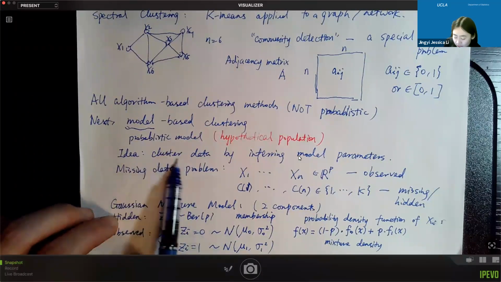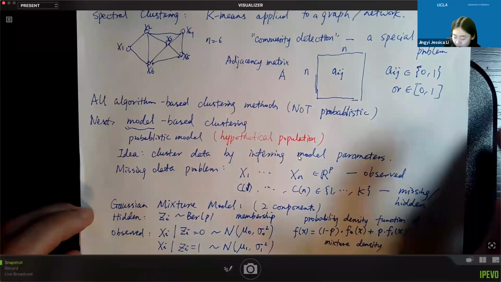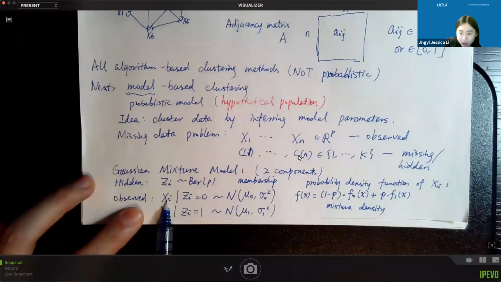So in general, these model-based clustering methods will involve two sets of random variables. One is xi, to represent our ith data point. The other is zi, for the hidden membership. Let's say we want to cluster our data into k clusters.